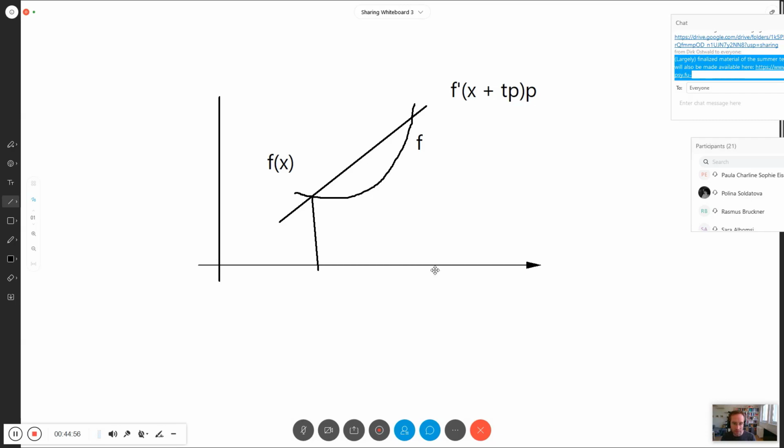So what you have on the x-axis is x, and what you have here on the x-axis is p. So this is x, this is p. And now what this Taylor theorem is saying is that you can compute the value of f at the location x plus p.